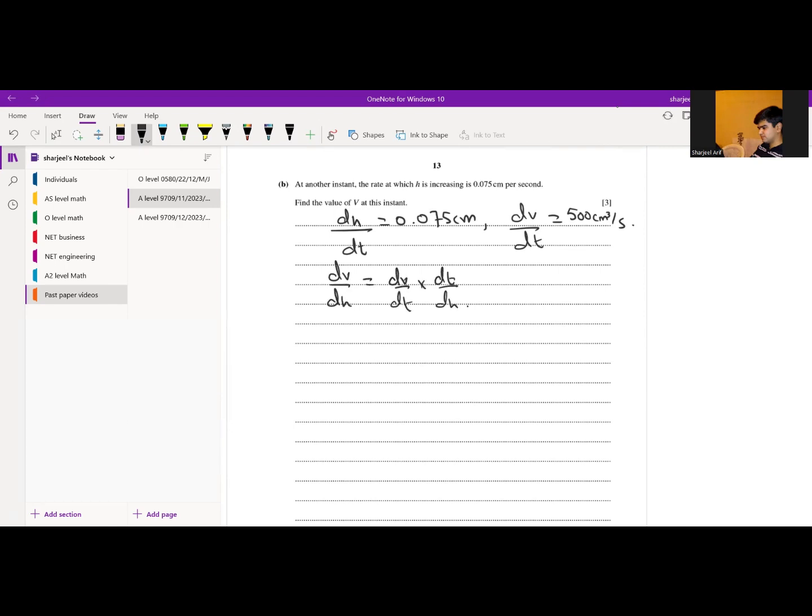So simplify the equation by taking the derivative of V. This will become 500 into 1 over 0.075. Simplify it to get 20,000 over 3 times (25 plus h) whole square.